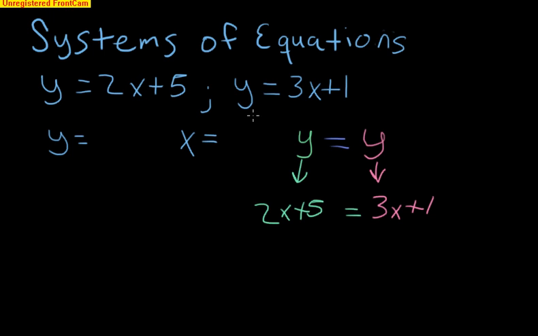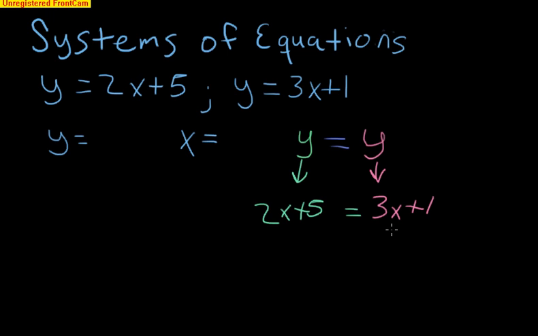And they equal each other because y equals y. So y is equal to 2x plus 5, and that equals y, which is equal to 3x plus 1. Now we have our two equations set equal to each other.